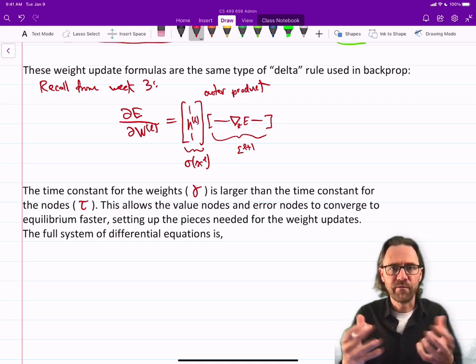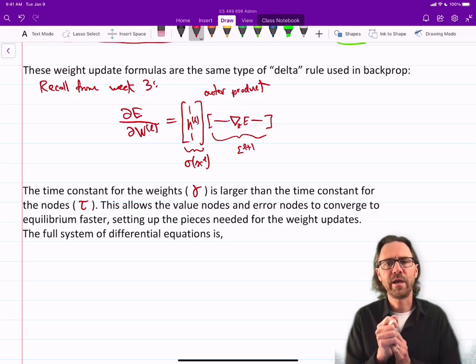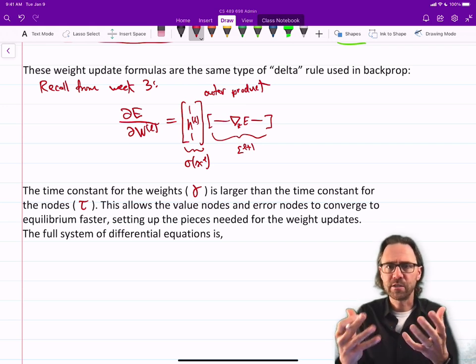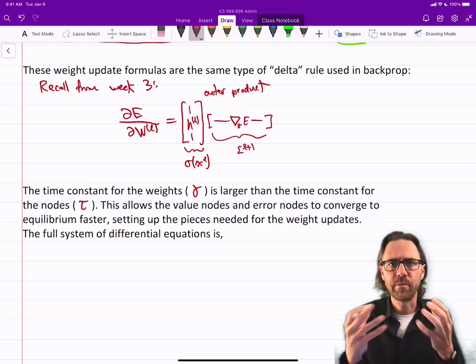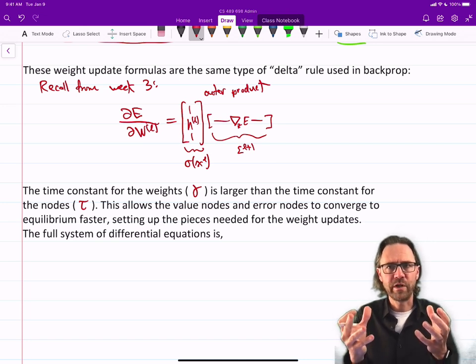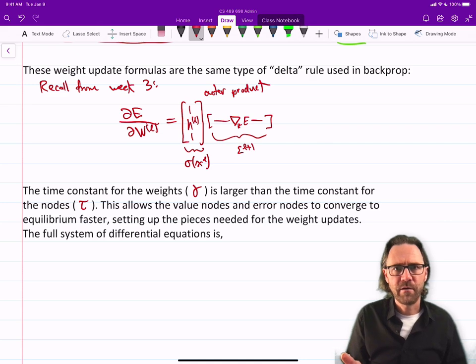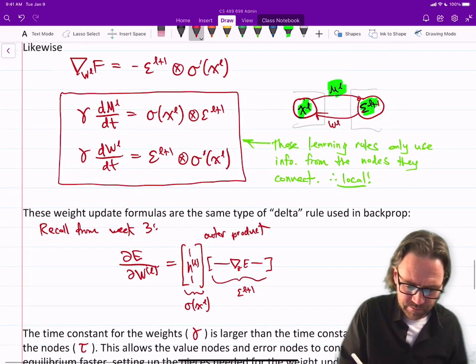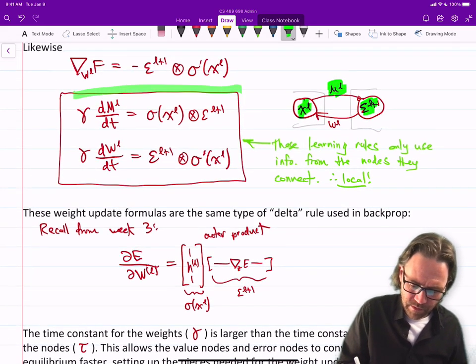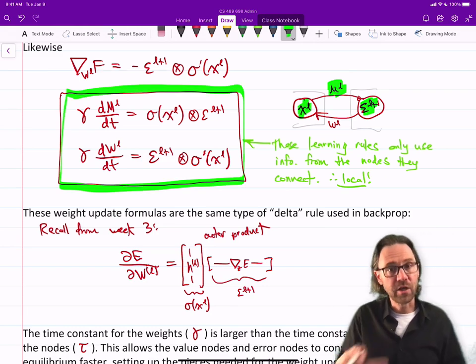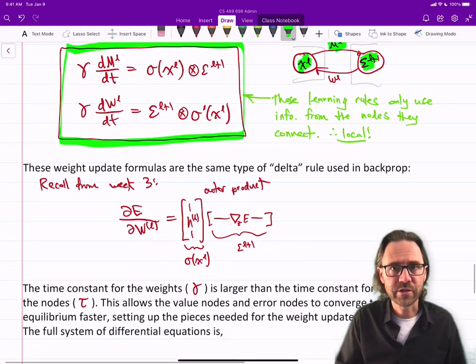And so when they converge, they set up the pieces needed for the weight updates. So the epsilons and x's converge to their equilibrium quickly, and once they're at equilibrium, then the updates for these weight matrices can use those values and change the connection weights.